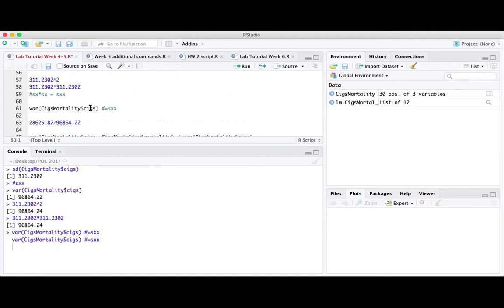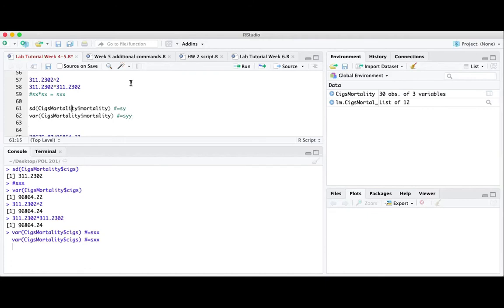Okay, so let's do mortality. If I do standard deviation of the mortality variable, that is SY. If I do variance, then that's SYY.